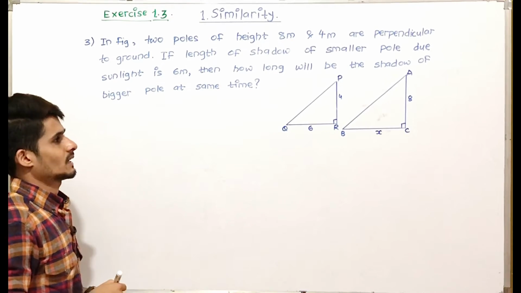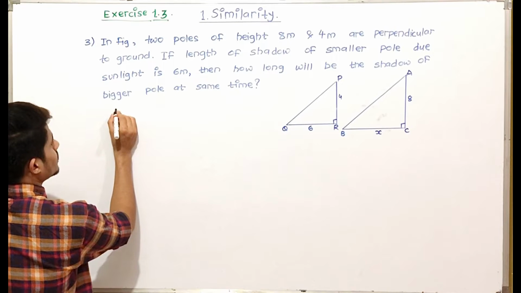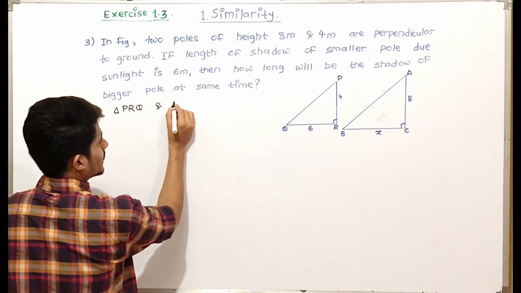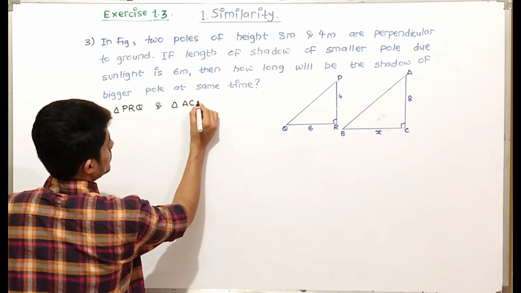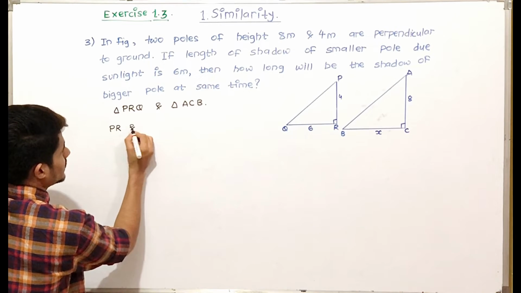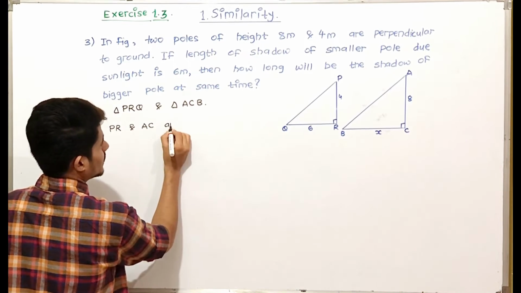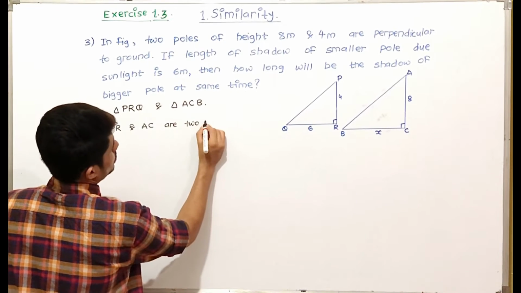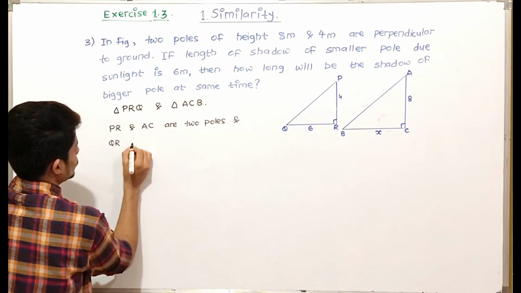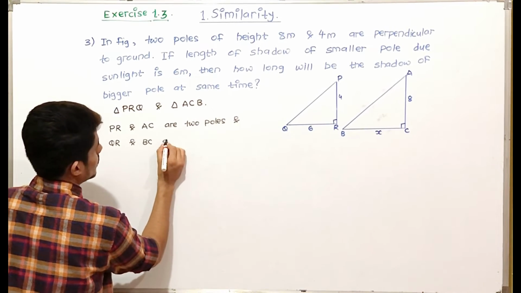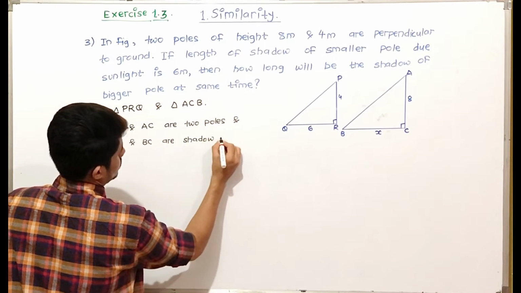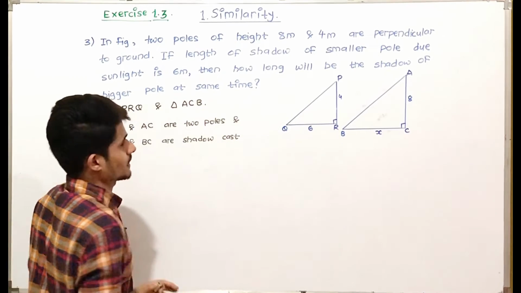Now we have two triangles, that is triangle PRQ and triangle ACB, in which PR and AC are two poles and QR and BC are the shadows cast respectively.